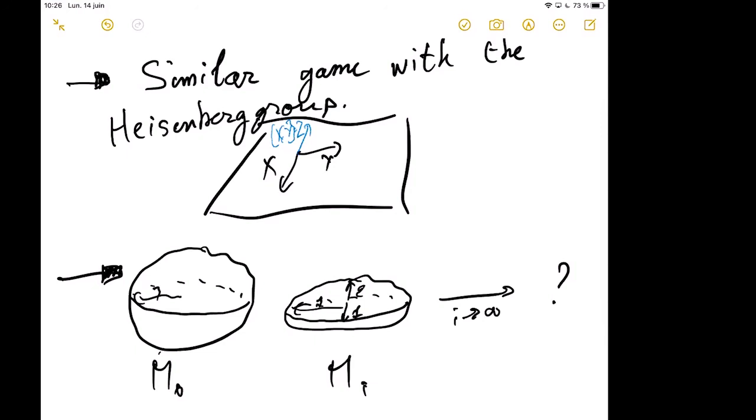Okay, so when epsilon is going to 0, is it going to a sphere or a disk? That's the question. I don't want to be more specific about the setting. Just tell me what you think. What's natural for you?